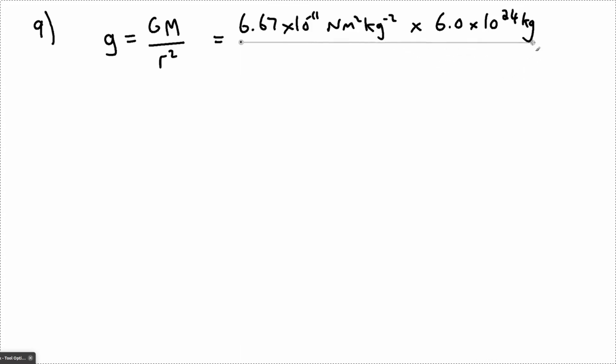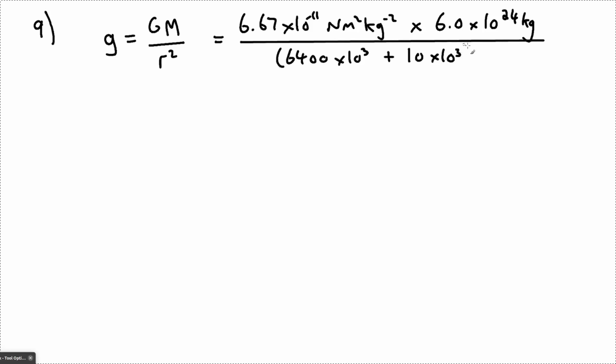And then we need to divide that by the distance from the centre of the Earth. Now we're trying to calculate the gravitational field strength 10 kilometers above the surface. So the radius of the Earth we're told to take as 6,400 kilometers. That's 6,400 times 10 to the 3 meters. But then we're going 10 kilometers above the surface, so the total distance from the centre of the Earth to 10 kilometers above the surface, well, we can work that out.